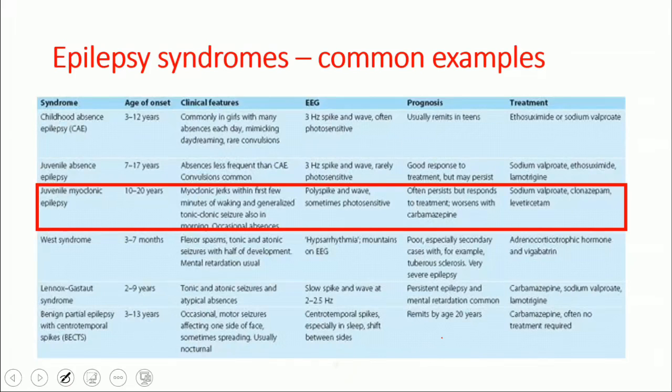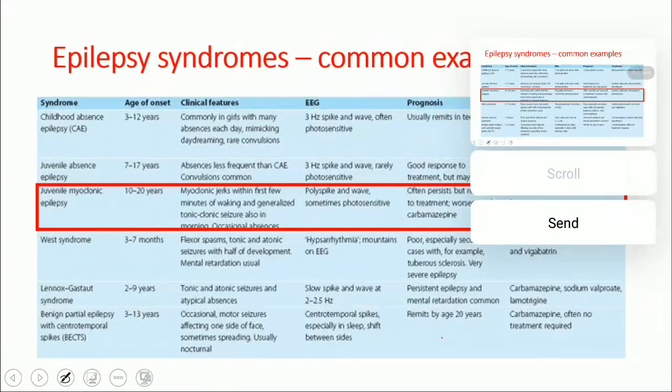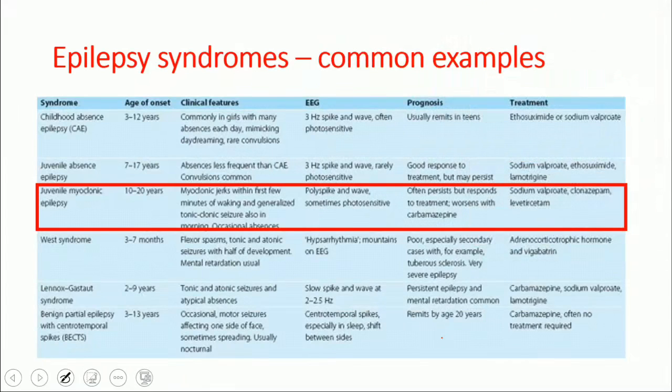There is a very specific EEG pattern, maybe some MRI changes. You can build up a nice story. The history is very typical, you have a nice EEG, and it fits beautifully into a single syndrome. That is what we call an epilepsy syndrome.